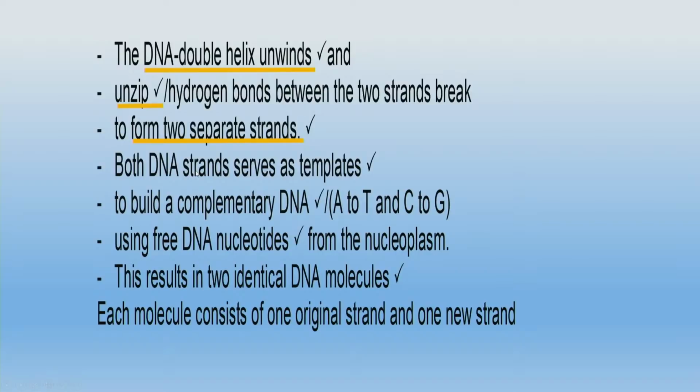And then the next one, both strands serve as a template to build a complementary DNA using free DNA nucleotides. Remember now we are talking about DNA replication. So we cannot state in our answer using free nucleotides. It's DNA nucleotides because it's DNA replication. And this results in two identical DNA molecules.